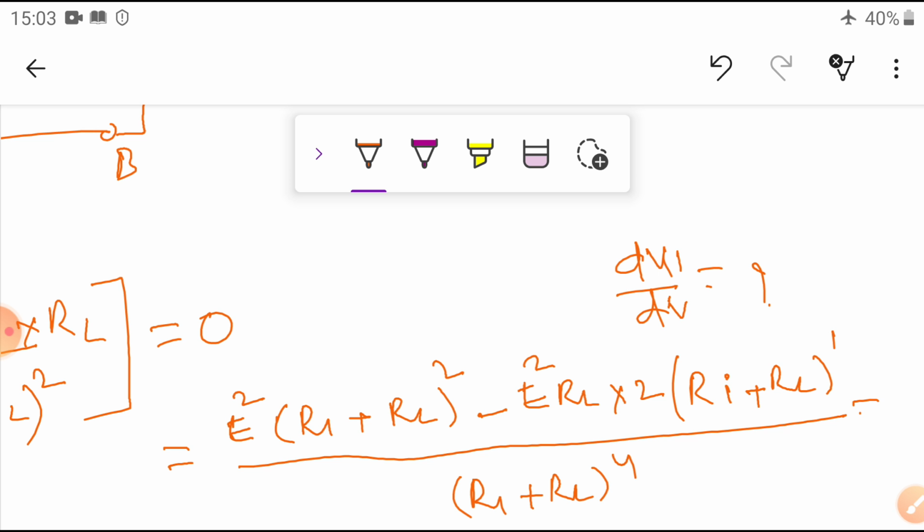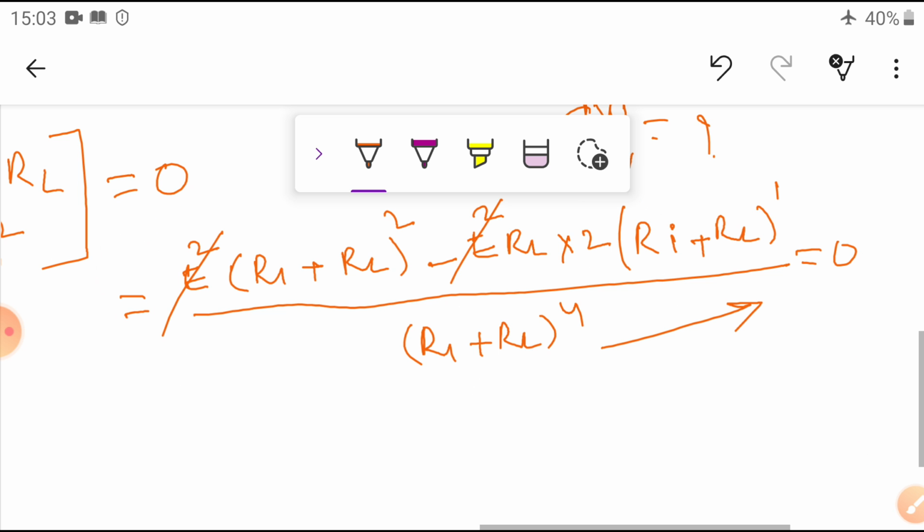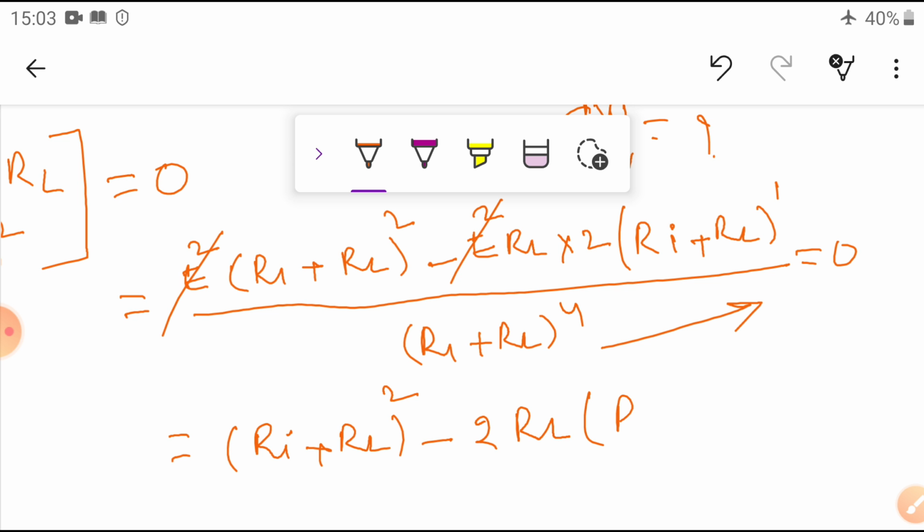Now, equal to 0 this value. Just simplify that. After that simplification, what you are going to get here is Ri plus RL whole square, then minus 2 into RL into Ri plus RL, equal to 0.